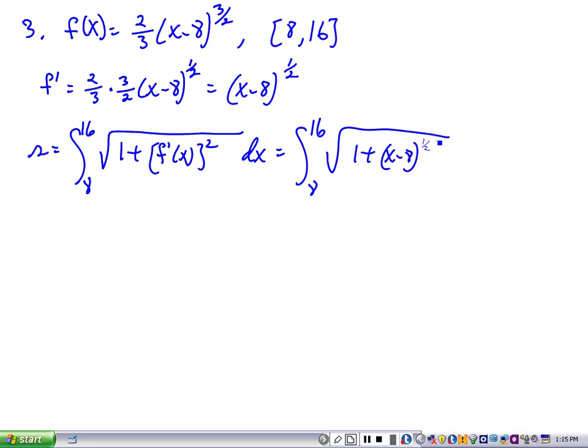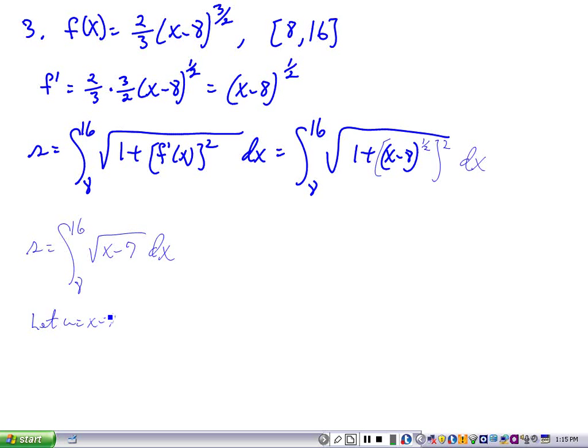Here, this guy's the 1/2, but that guy's being squared dx. So the arc length is the integral from 8 to 16, just the square root of x minus 7 dx. Integrate that.